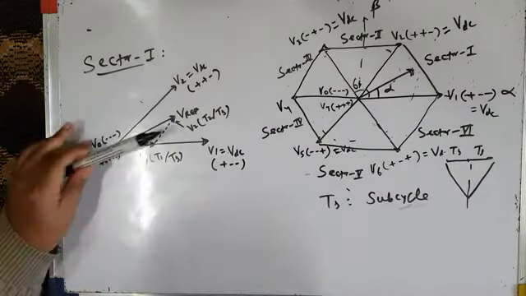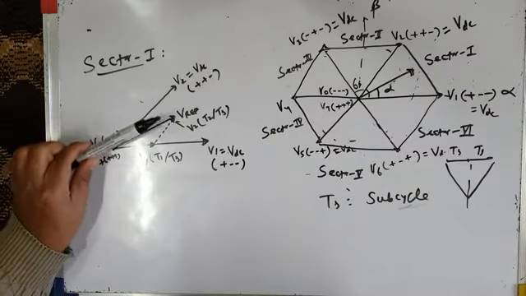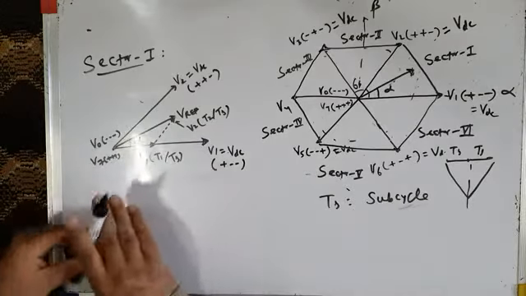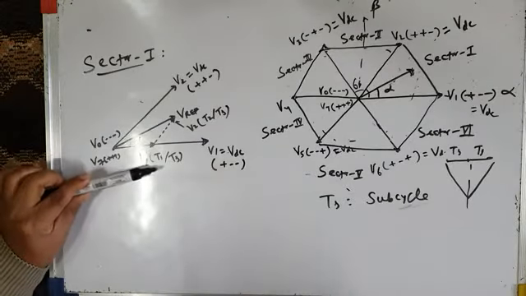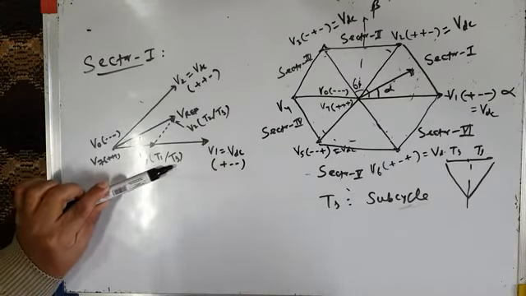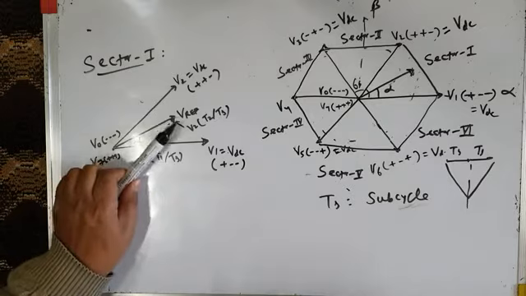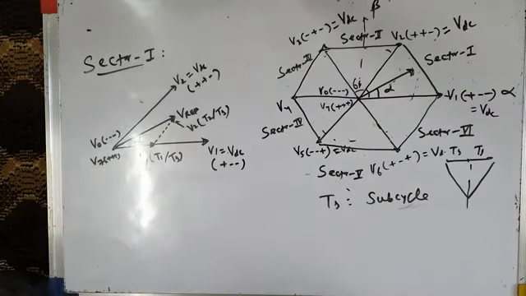I can produce this reference vector, and I can make it to be somewhere here at an angle of alpha if I apply voltage vector V1 for a period of T1 out of Ts, in a subcycle of Ts, and then I apply voltage vector V2 for a period of T2 by Ts.